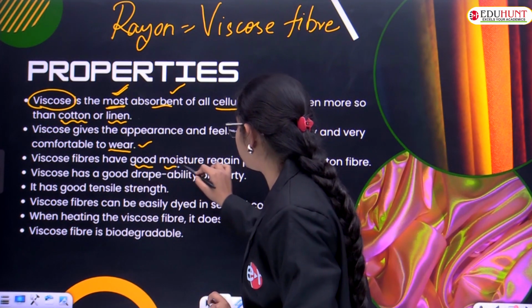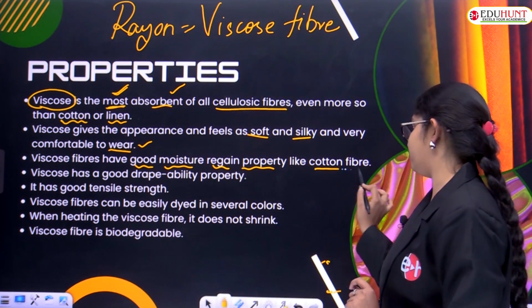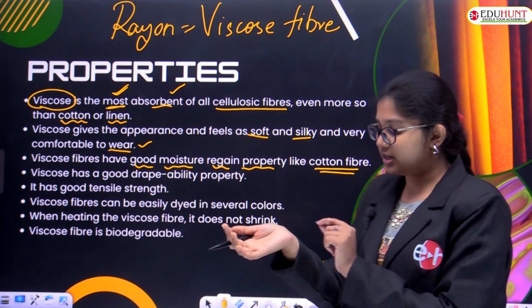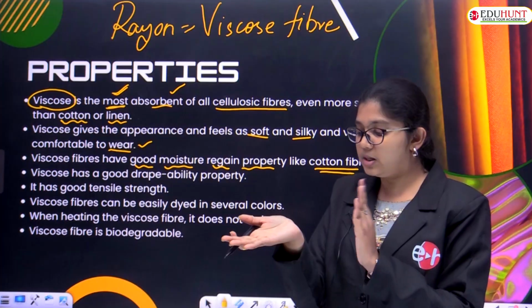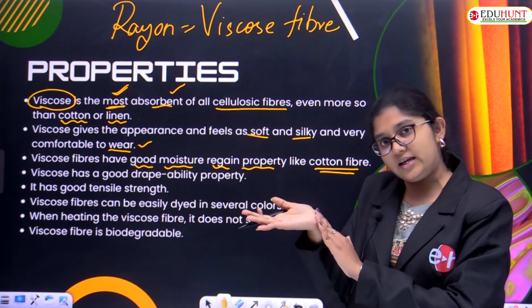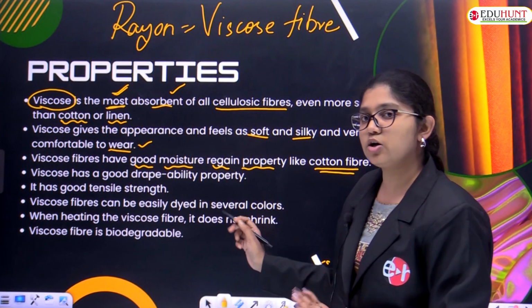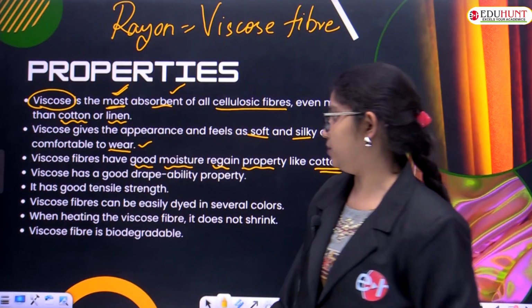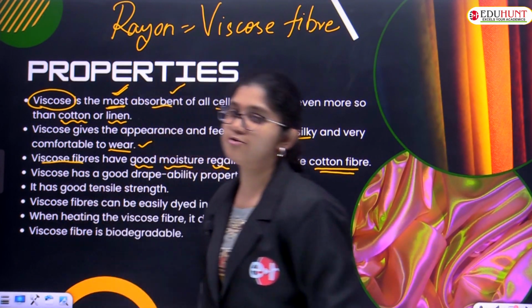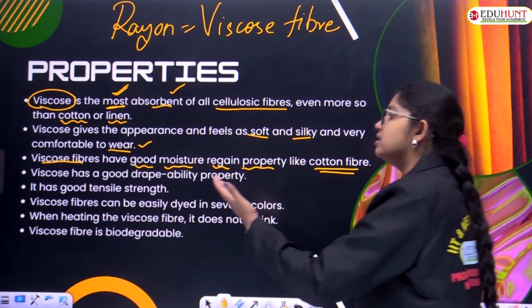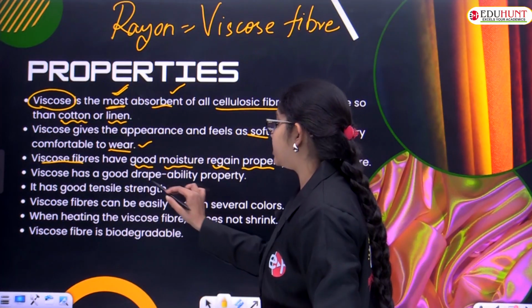Next point, viscose fibers have good moisture regain property, which we already discussed, like cotton fiber. Cotton fabric will easily soak if we sweat, and similar properties are found in viscose, nothing but rayon fibers. Viscose also has good drapeability.